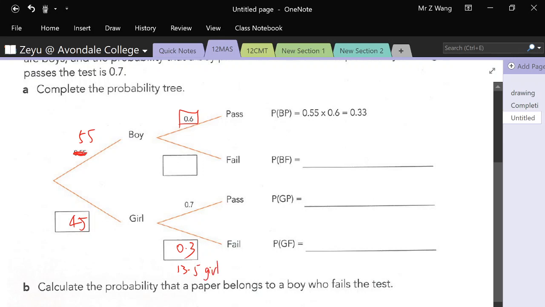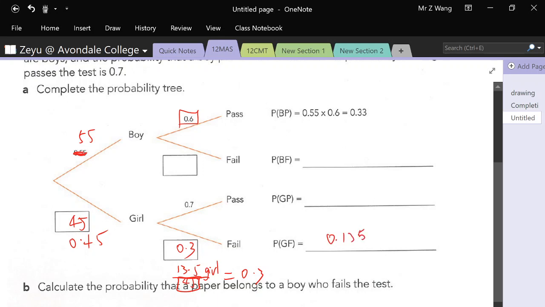So 13.5 out of 45 is 0.3. It depends on what you're out of. But when we multiply these two, 0.45 previously and 0.3, 0.45 times 0.3 is 0.135.